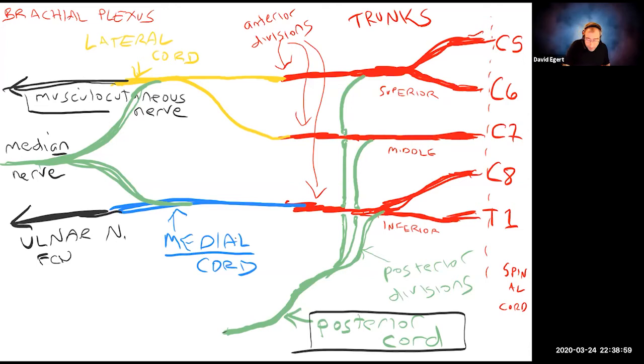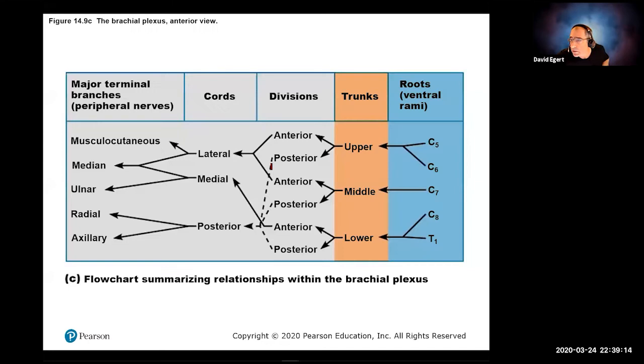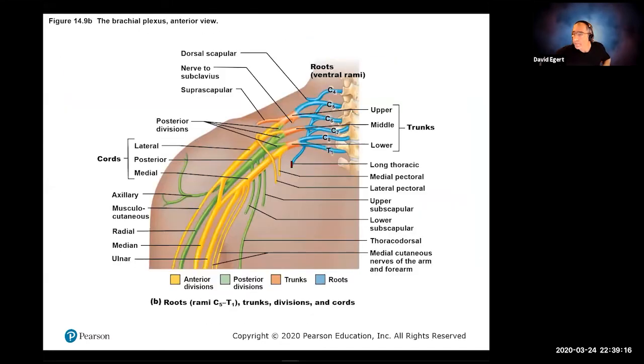And this kind of M shape is going to be something that you're going to be able to notice when, in fact, I can go back to the picture, like right here.